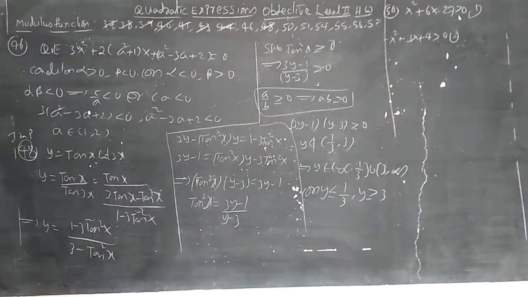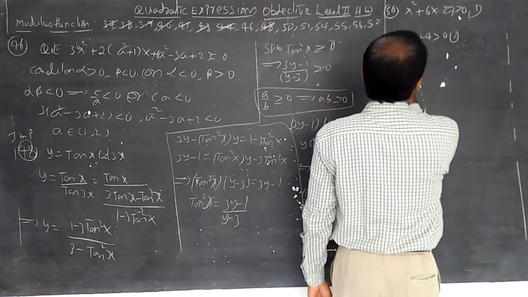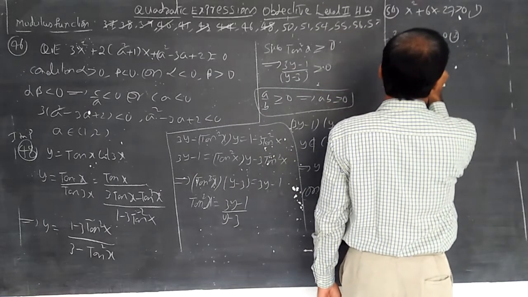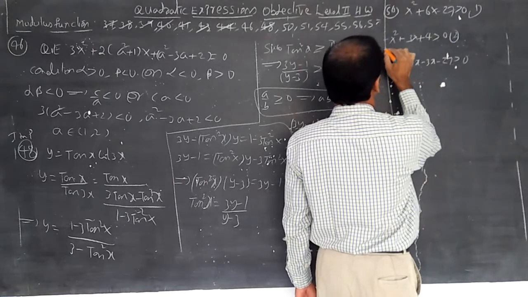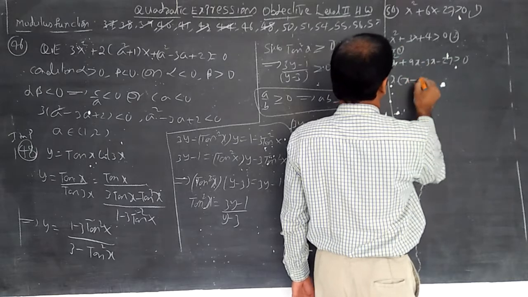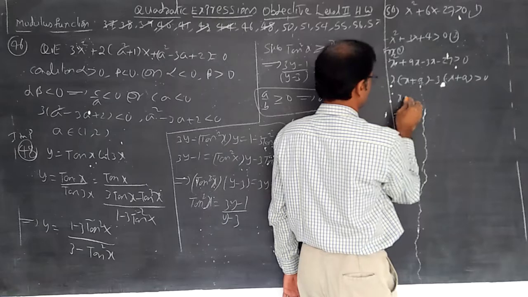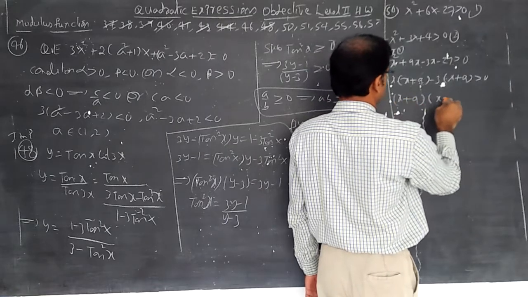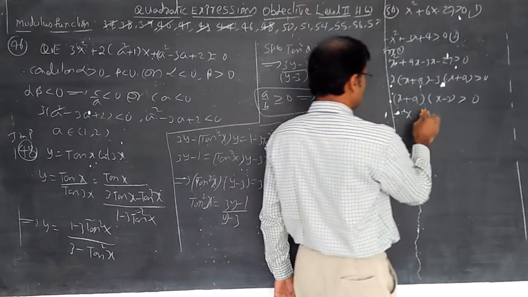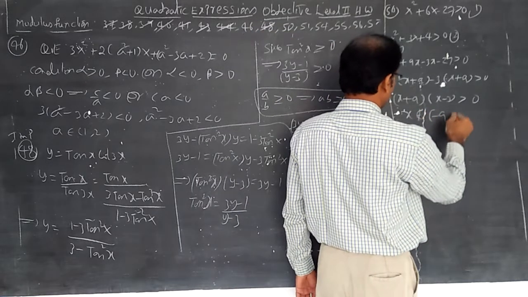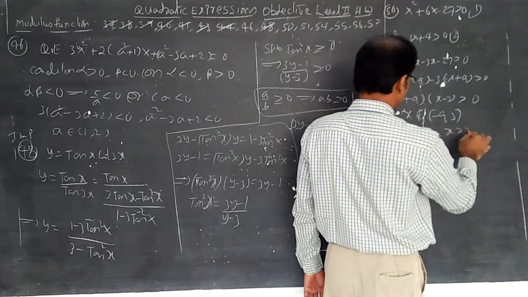We should calculate the common domain. x square plus 3x minus 27... for the first I am writing x square plus 6x minus 27 greater than 0. x taken common, x plus 9, minus 3 taken common, x plus 9, greater than 0. (x plus 9) into (x minus 3) greater than 0. So x does not belong to the closed interval minus 9 comma 3. So x less than minus 9, x greater than 3.